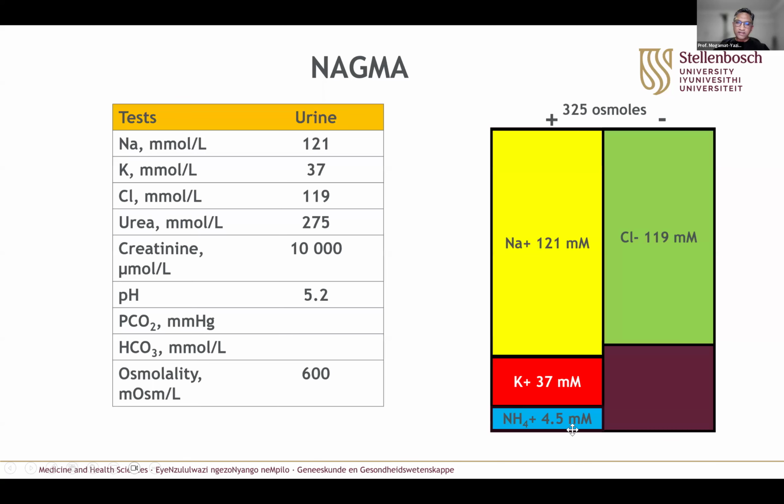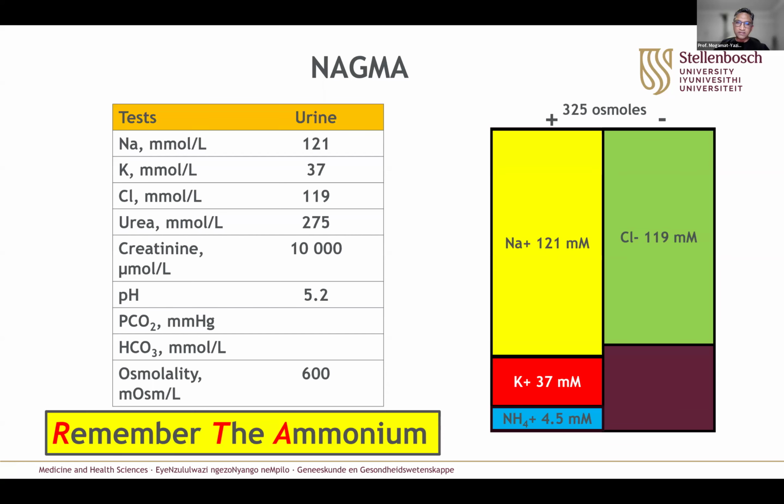So the minute you find that there is very little ammonium in the urine, the diagnosis is renal tubular acidosis, or RTA. And I'd like you to remember it in this way: remember the ammonium to diagnose renal tubular acidosis, or RTA. So at this point, we can say that this patient has an RTA, or renal tubular acidosis, as the cause of the normal anion gap metabolic acidosis.